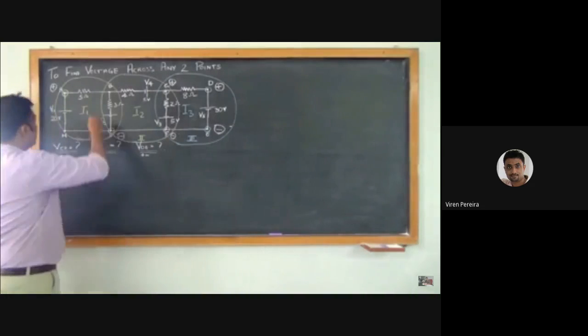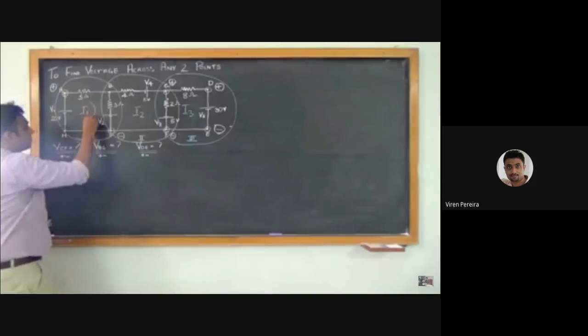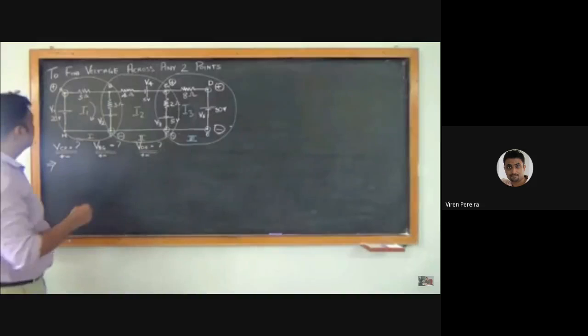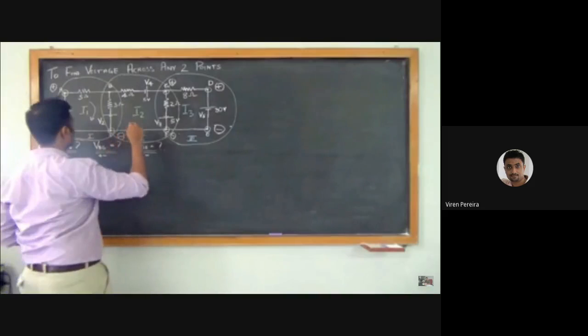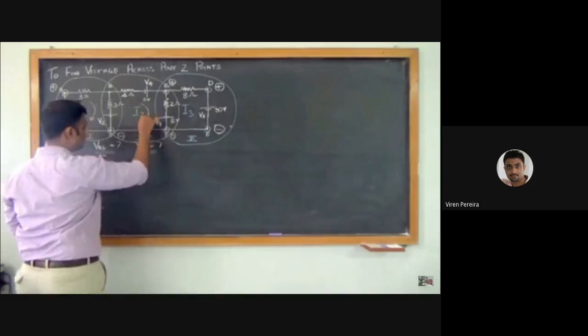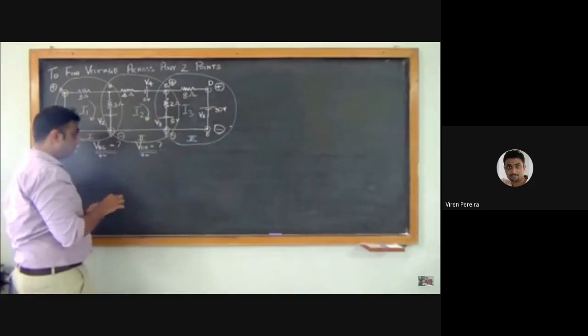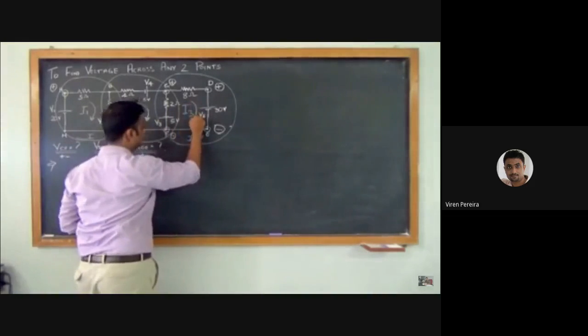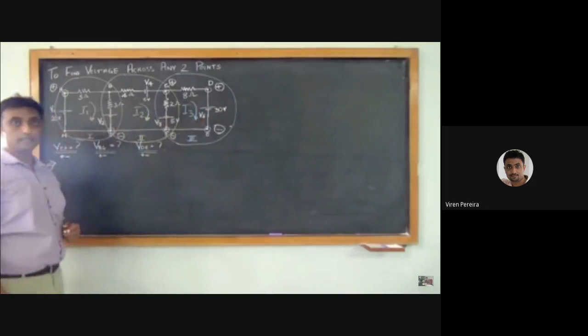So, I have I1, which is assumed in clockwise. I have I2, also assumed in clockwise. And I have I3, which is also assumed in clockwise.